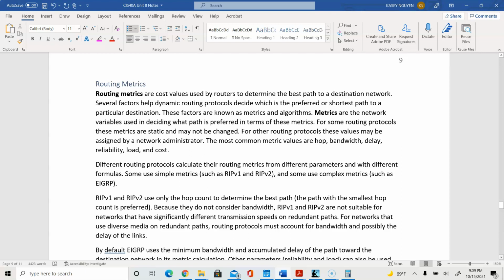A metric is just a way that it stores and assesses the information, so that way it would look at hops, bandwidth, delay, reliability, load, and cost of each of the routes. So a simple metric is used in RIP version 1 and 2, while a complex metric is used in EIGRP.